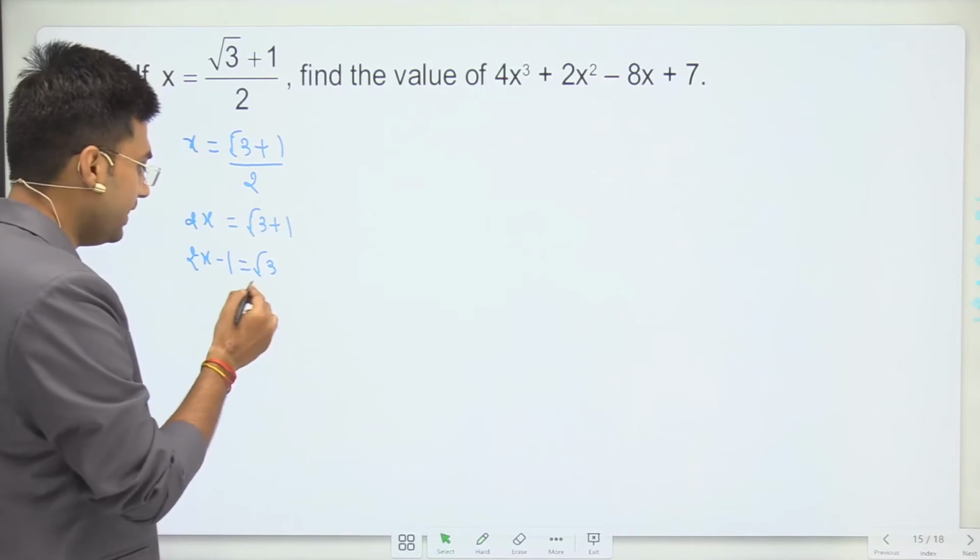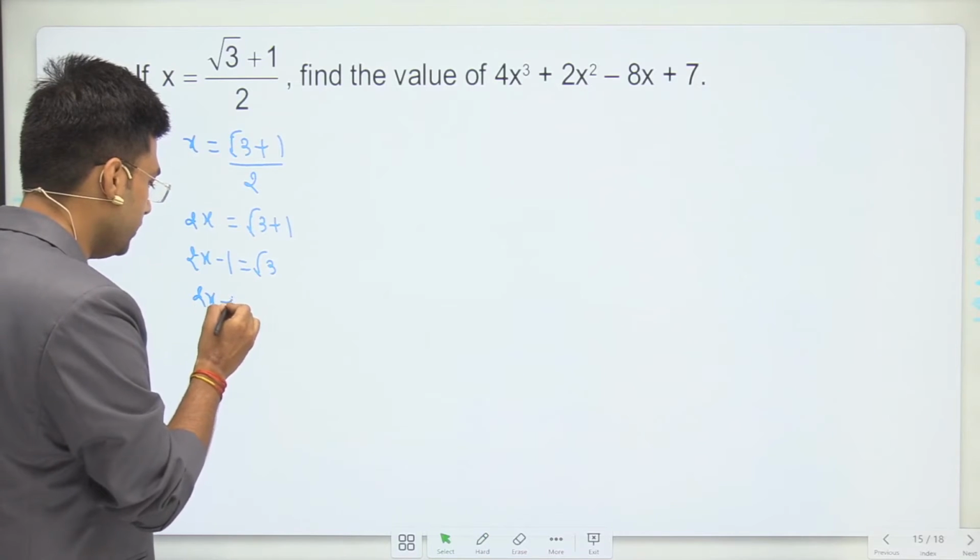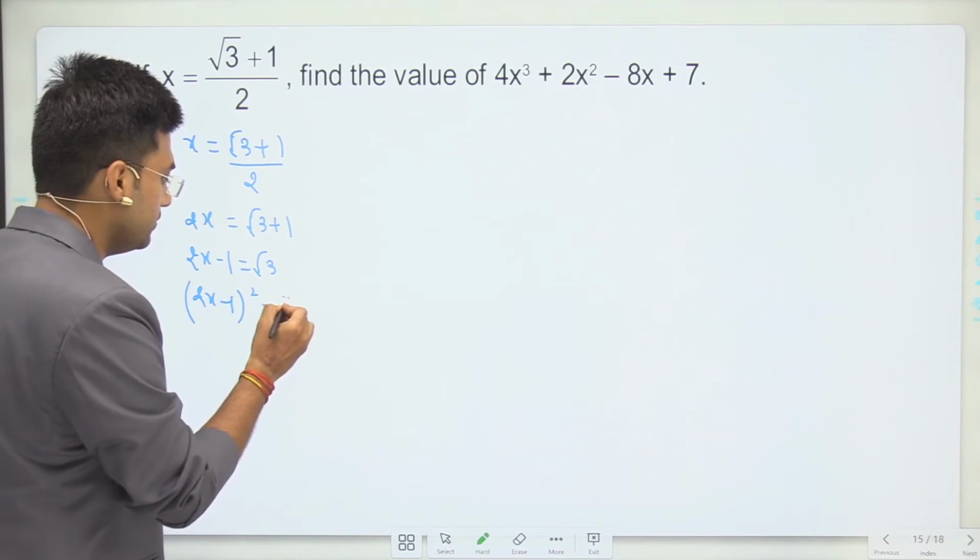Now when we square it both sides, what will we get? We will get (2x minus 1) square is equal to 3.